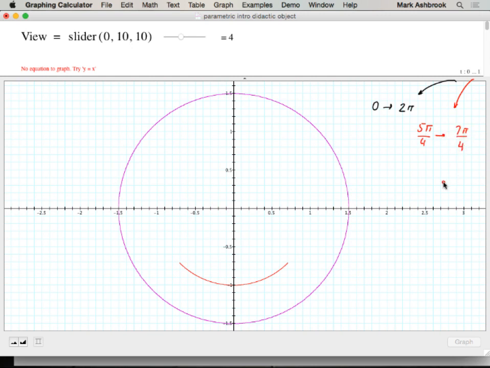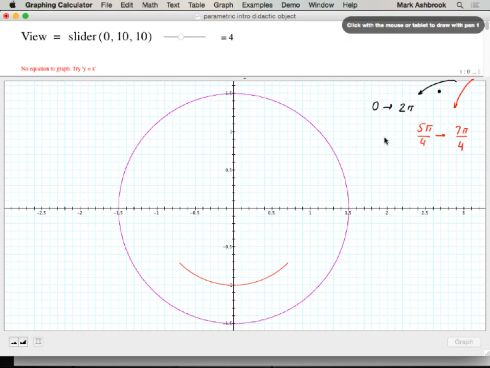Ever learned anything like this before? As t goes from 0 to 1, we want some other thing to go from 0 to 2 pi, and then some other thing to go from 5 pi over 4 to 7 pi over 4. Sound familiar? Let's figure it out. So what do we want?